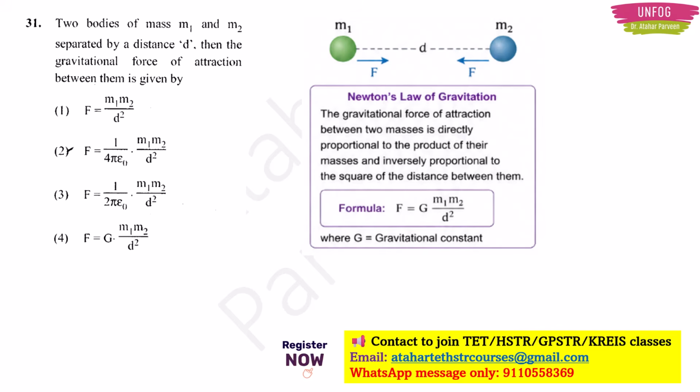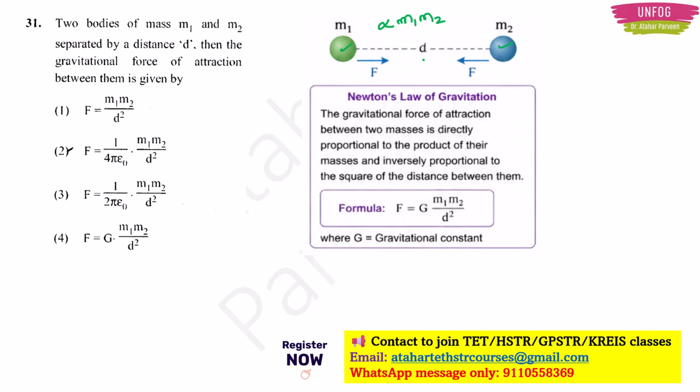Here they are talking about Newton's law of gravitation, which states that the gravitational force of attraction between the two masses m1 and m2 is directly proportional to the product of their masses, that is m1 into m2, and inversely proportional to the square of the distance between them.